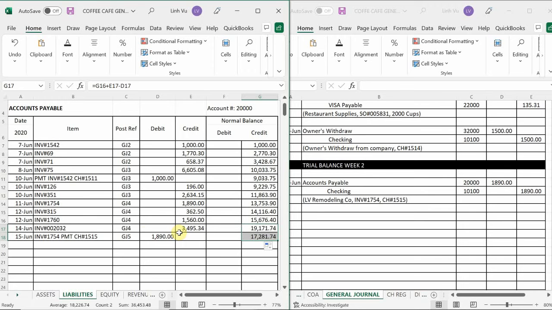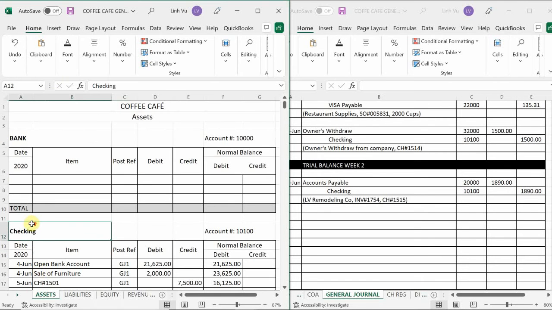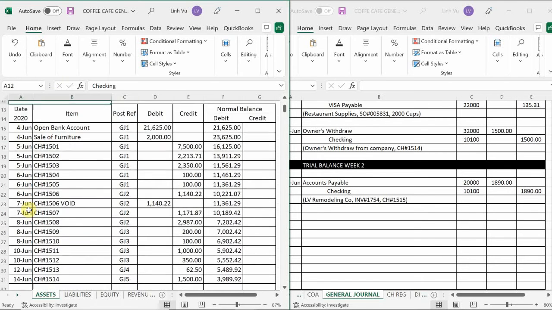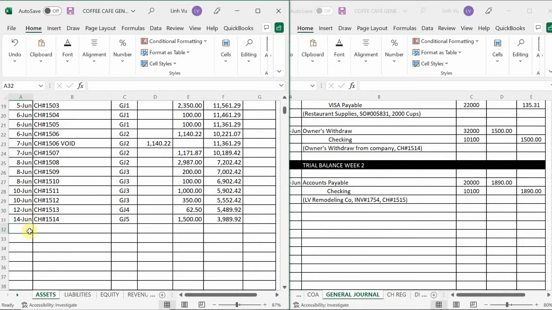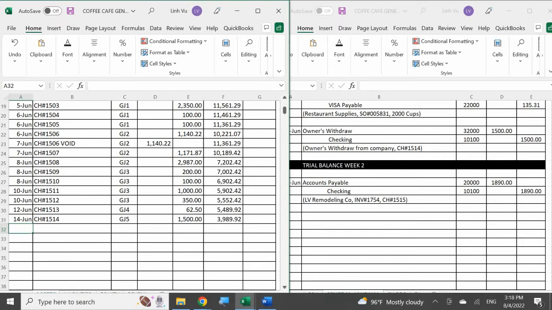We need to update the assets checking account. Make sure it's updated. How do we update the checking account? We put June 15, check number 1515 on the same GJ5, and we subtract the 1890.